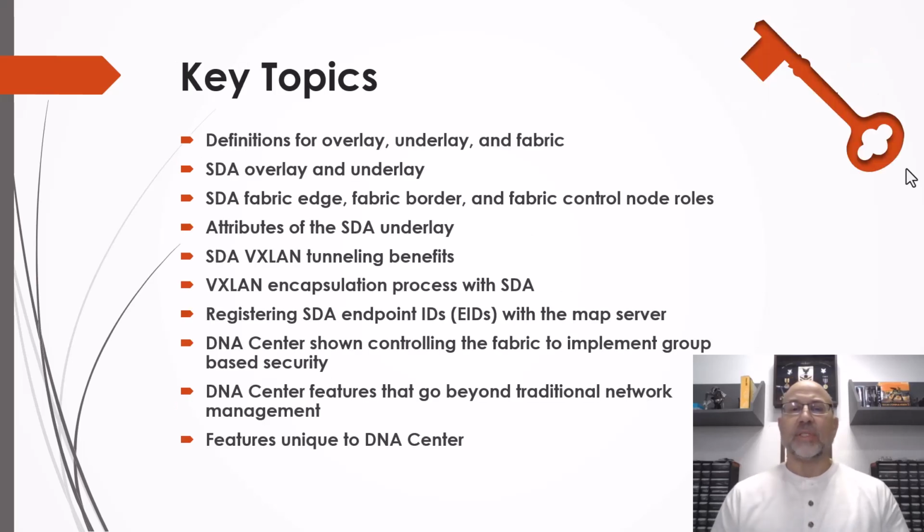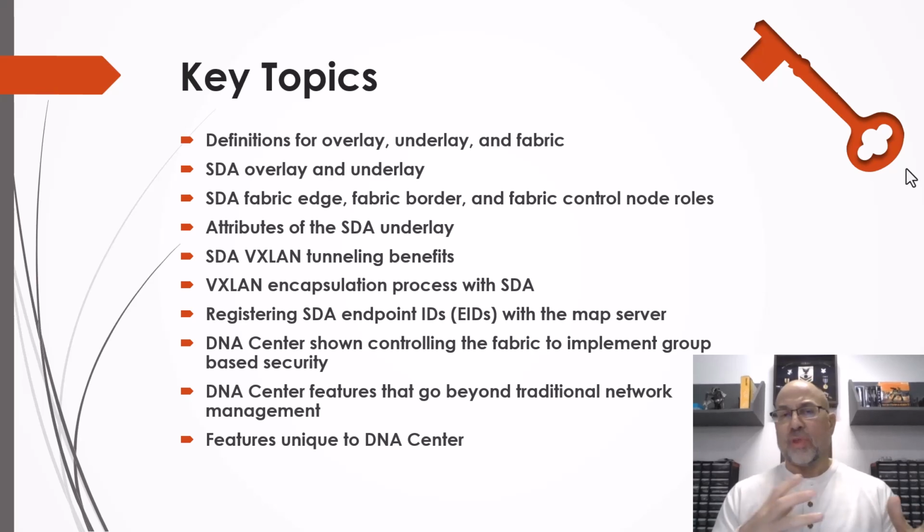So our key topics, as I mentioned, we're going to do the overlay and the underlay. And we're going to add to our discussion VXLAN, which is our tunneling protocol. The overlay and underlay that we're going to talk about here are specific to SDA, which is the software defined access for Cisco. And then we've got a couple of nodes here in what we're going to call our SDA cloud.